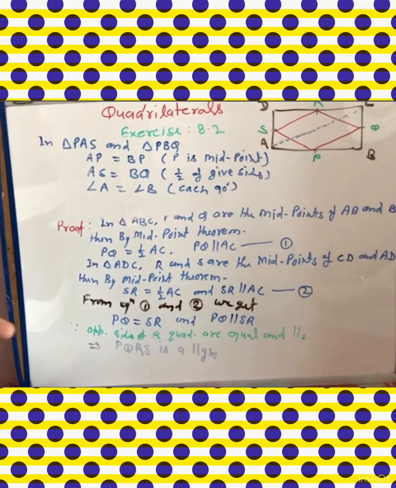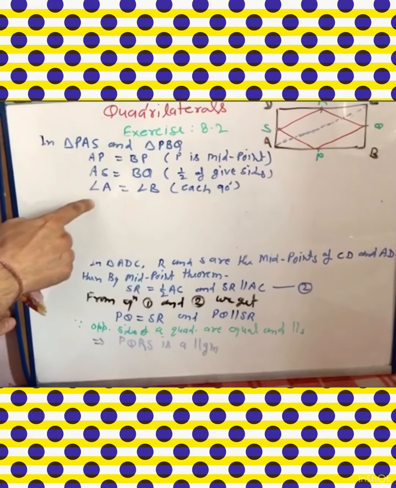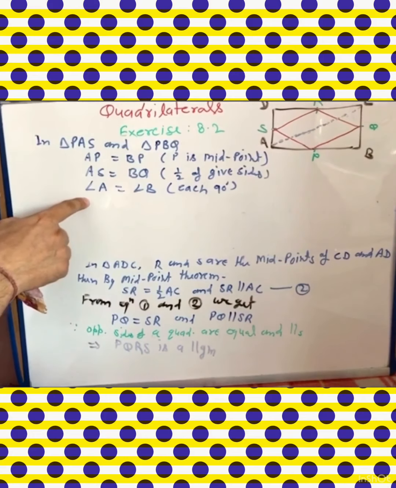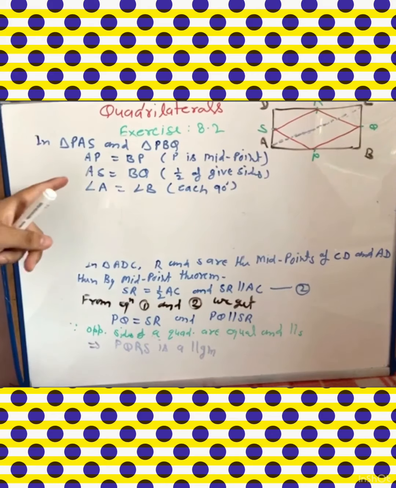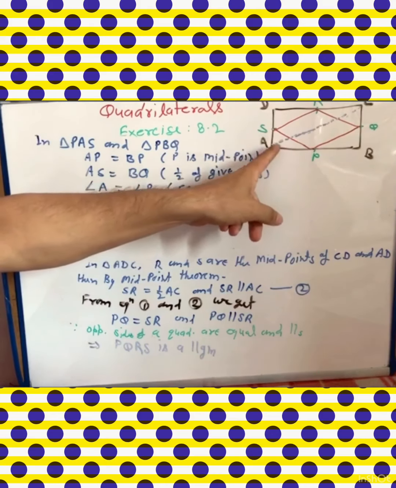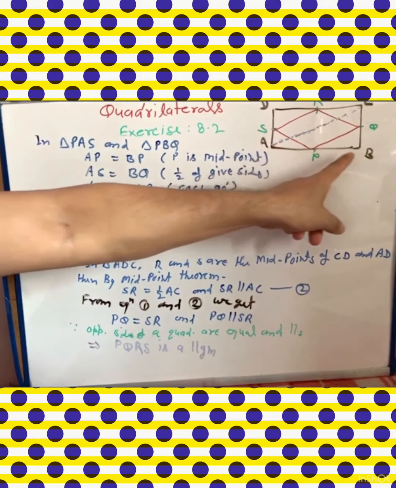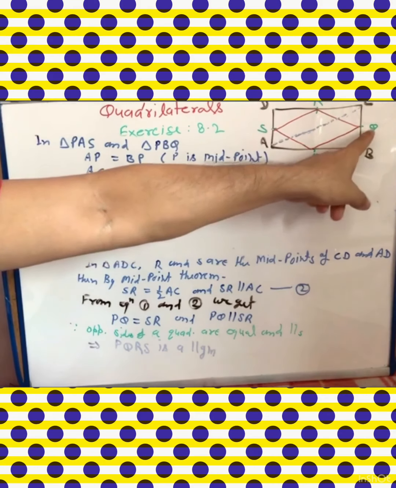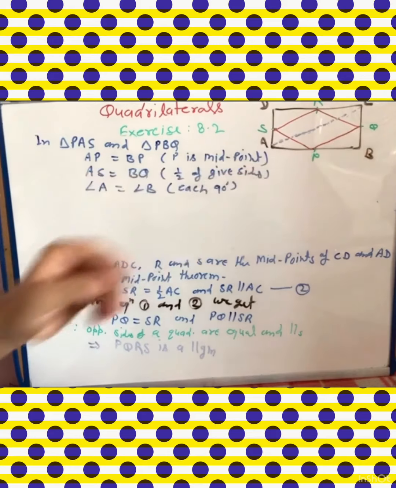If ABCD is a rectangle, then all angles are 90 degree. After that, here you can see that two sides and one angle, that is this side and this side, and the angle is the included angle.